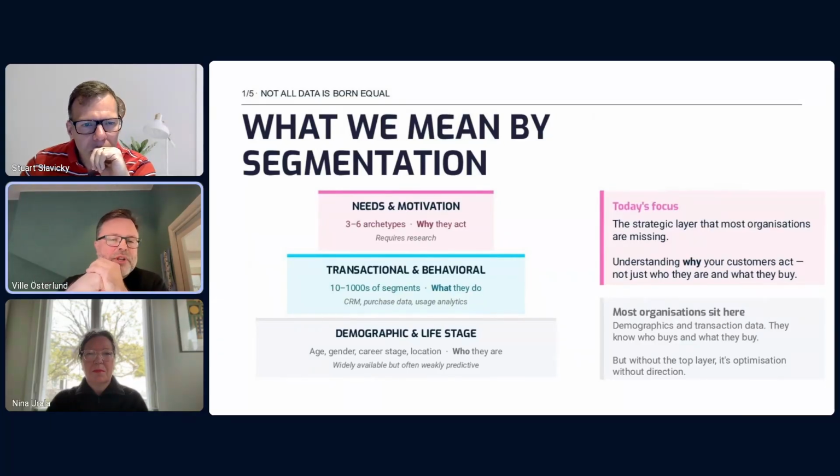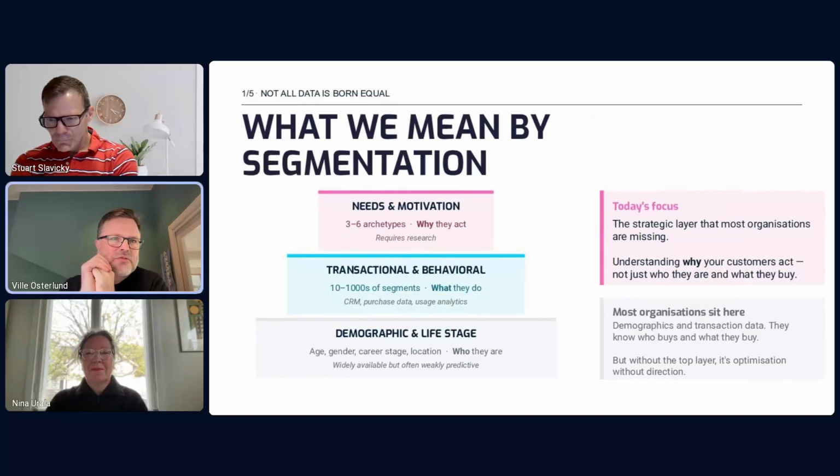If you imagine it being a pyramid, at the bottom you have demographics and life stages, age, gender, and so on. That's probably where most organizations start. It's widely available in your CRM, in your customer data. But as Stuart will show you in a moment, it's weakly predictive. Knowing someone's age doesn't really tell you what they need and what you need to do about it.